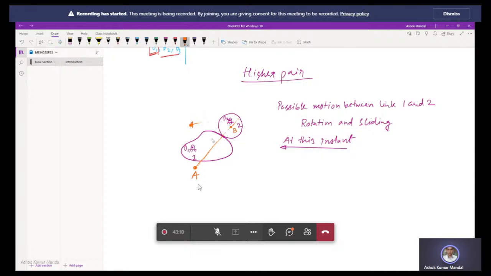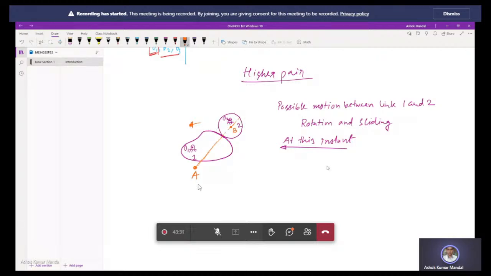For those two positions, this line will no more be this AB line. This line will be something else. So we are trying to find some equivalent here, and that equivalent is valid for a particular instant.